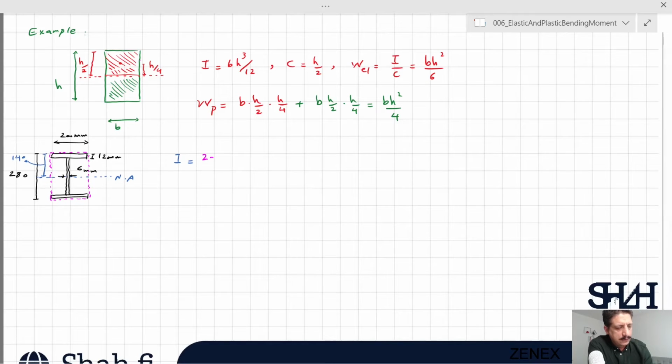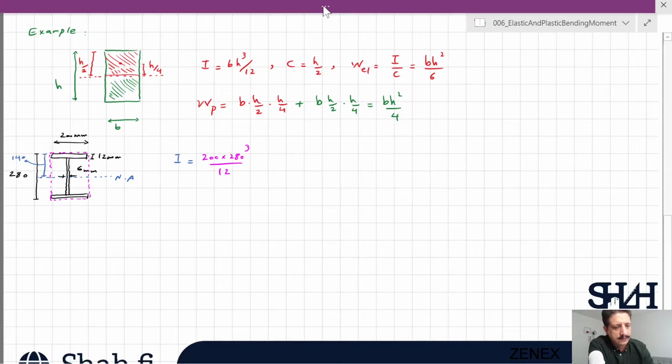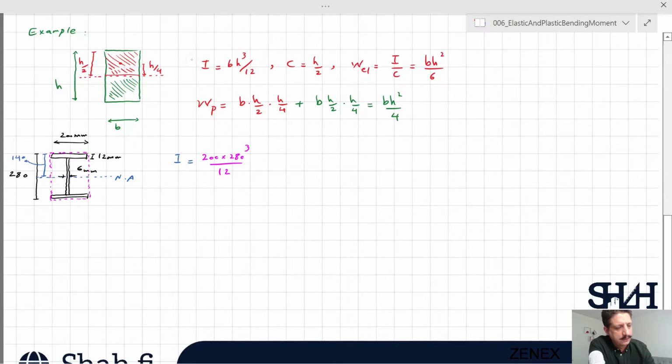rectangle, which is 200 times 280 cubed divided by 12. Then I will deduct these two rectangles. As far as they are in the center, I don't need to use A d squared. So minus the width of this will be 200 minus 6 divided by 2, so 97.